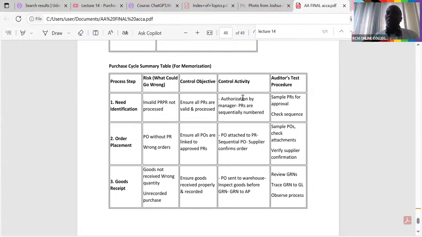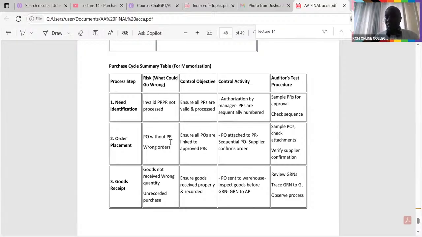Control activity: authorization by managers. Purchase requisitions are sequentially numbered. The auditor's test procedure: sample purchase requisitions for approval, check them, sample them and check them. Check sequence.